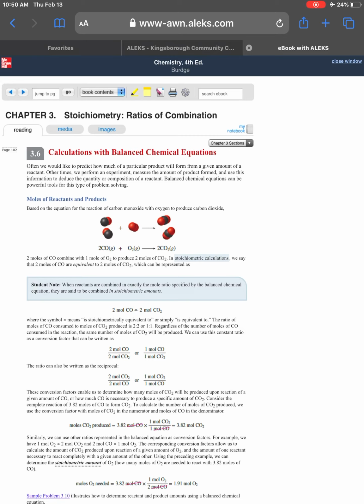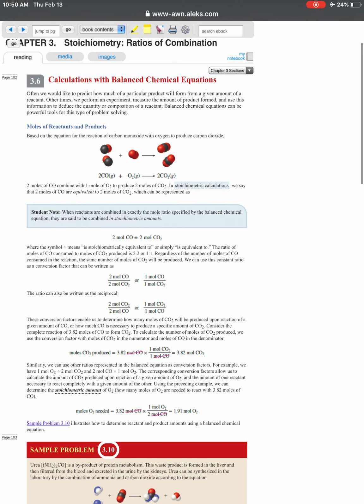It says here that 2 moles of CO are equivalent to 2 moles of CO2. Now, we have to be careful about our wording here. What we mean by that is that in this reaction, 2 moles of carbon monoxide, if they react fully, all of those 2 moles are reacting, we will get 2 moles of carbon dioxide from that.